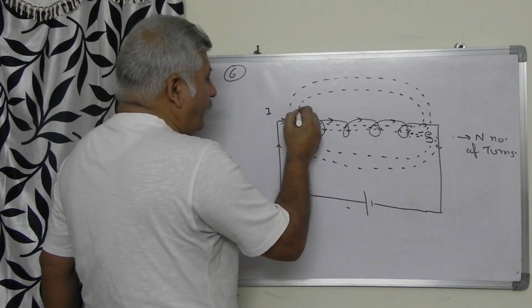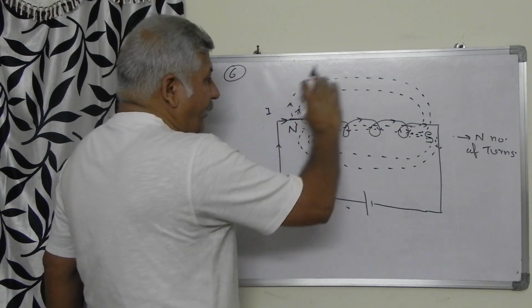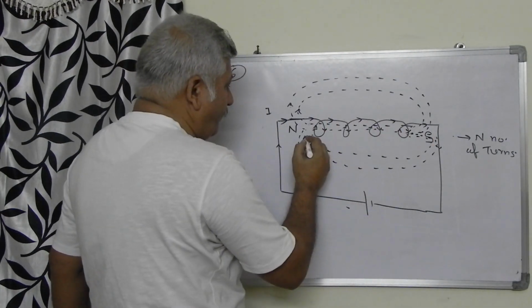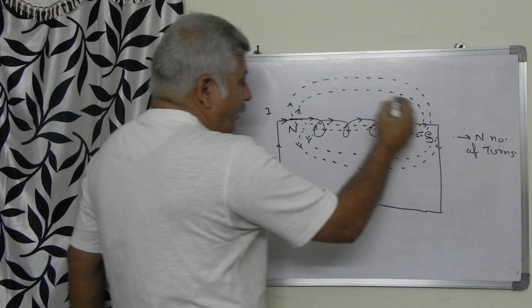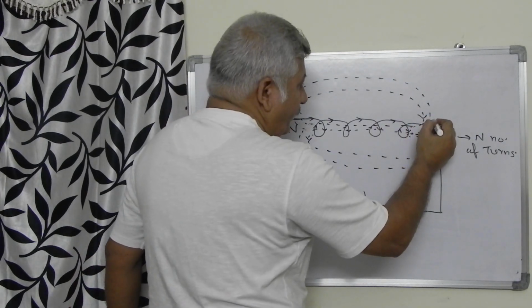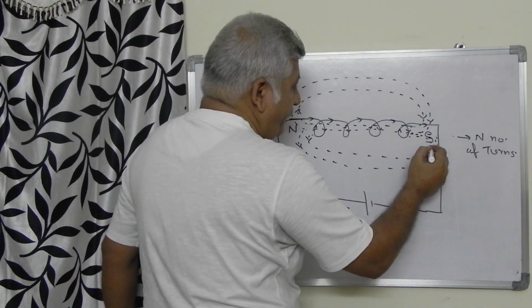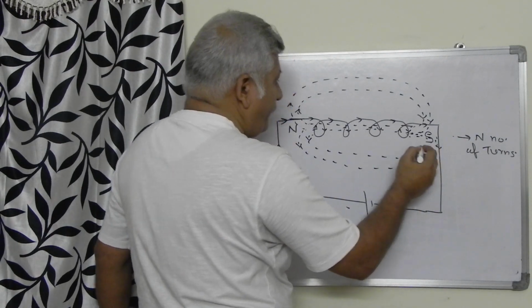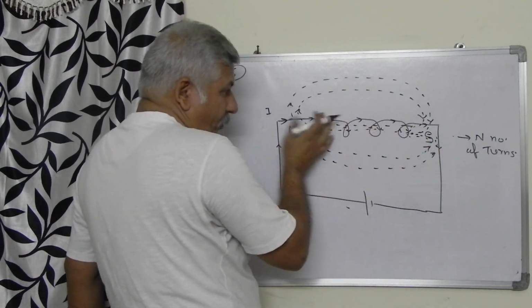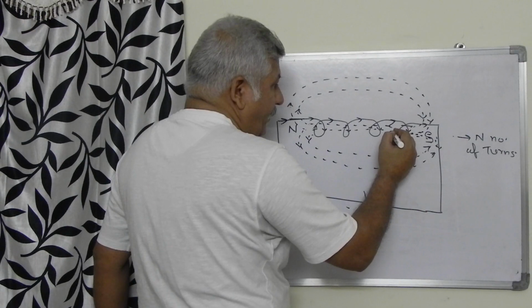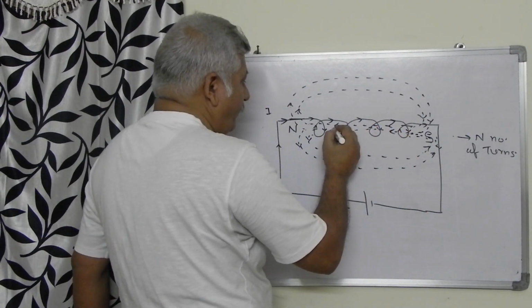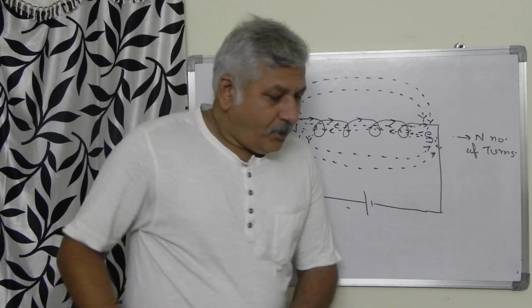So from the north pole, these are the magnetic field lines which come out from the north pole and which enter the south pole, and inside this coil the direction will be from south to north, right?